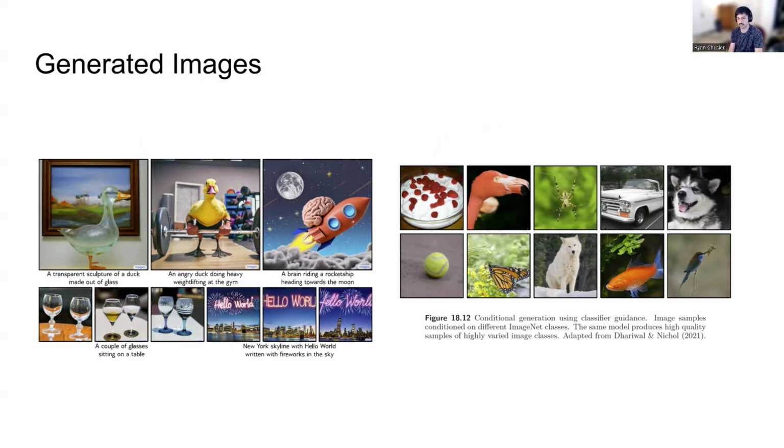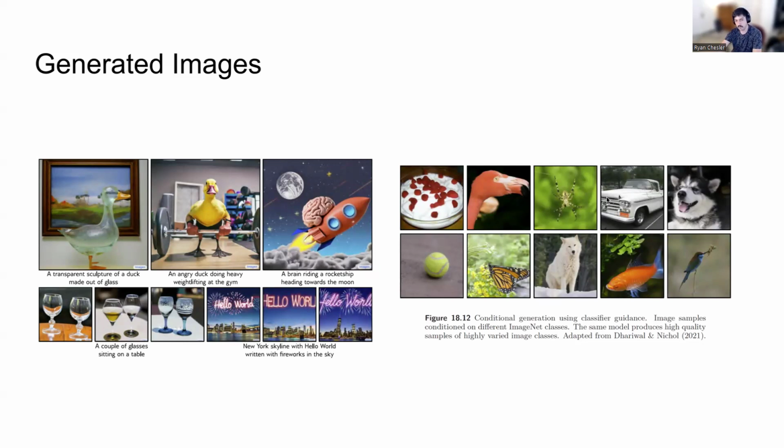This is an example of the classifier free approach, where they give it some information about what we're trying to generate, and it does the diffusion process given the extra embedding to condition on. You can see that it ends up getting some pretty great looking images.